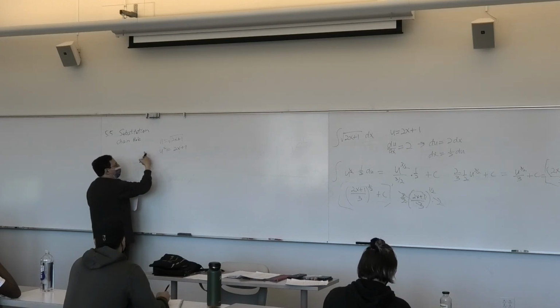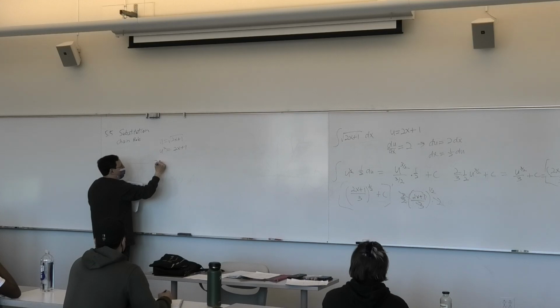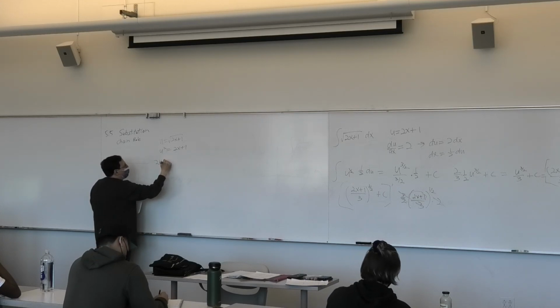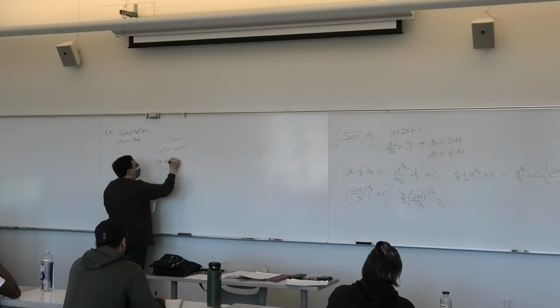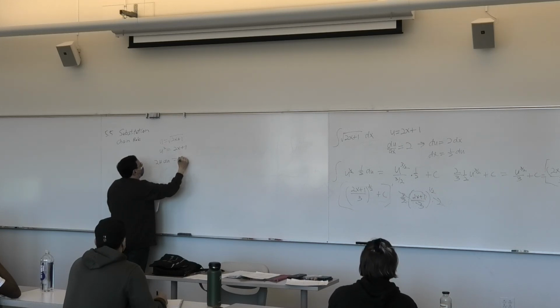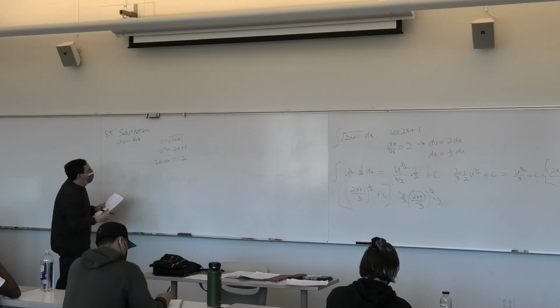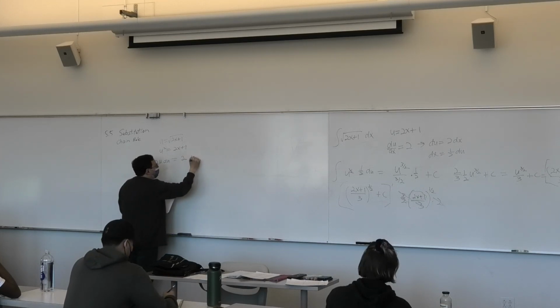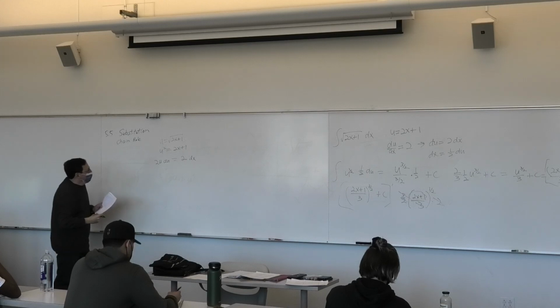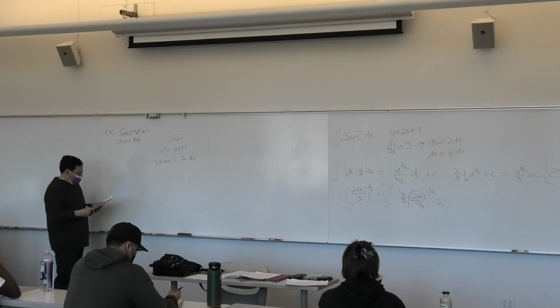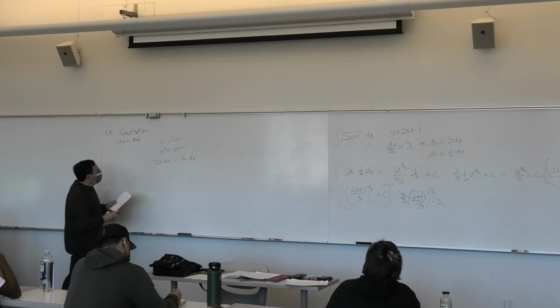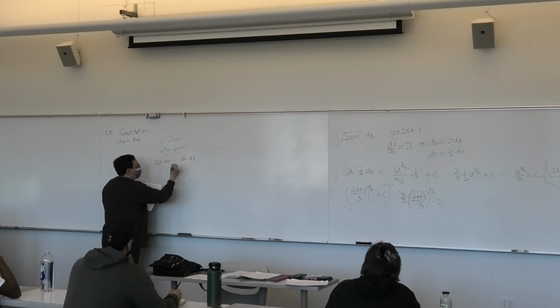So if I find du dx here, that's 2u du is equal to dx. Get rid of the 2.